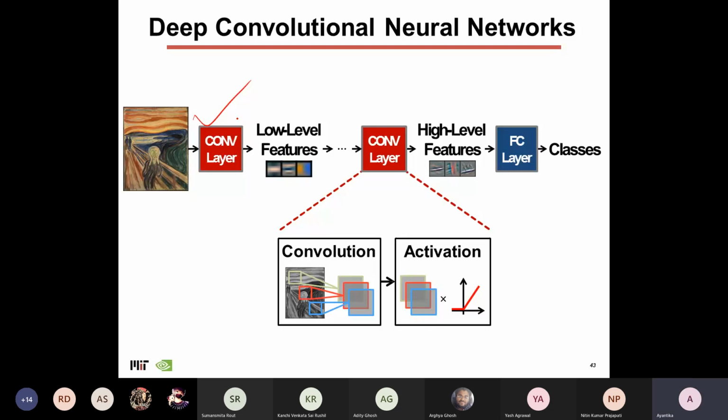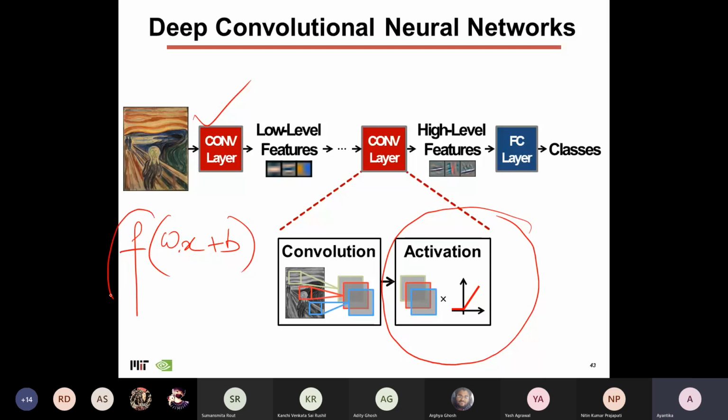Now comes one of the most important parts, the activation function. Maybe as of now you know that whenever we have this type of weight, we are multiplying that with input, we have the bias, and on top of that we are adding some function and we are terming that the activation function.